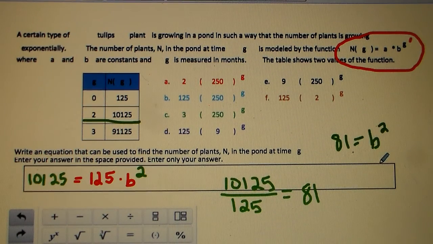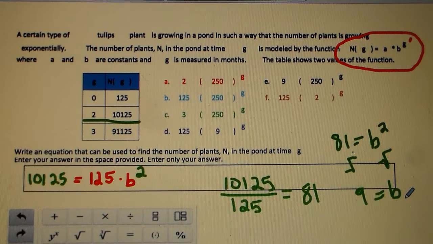The opposite of b squared is square root, hence why we practiced all that square root stuff before. Square root of 81 is equal to 9, plus or minus 9. And we get 9 equals b, or b equals 9.